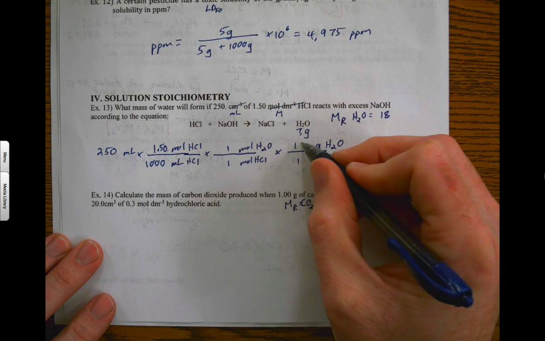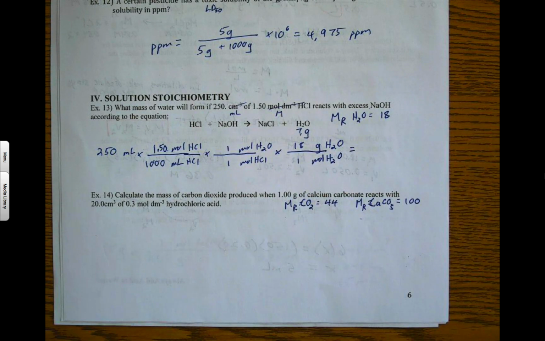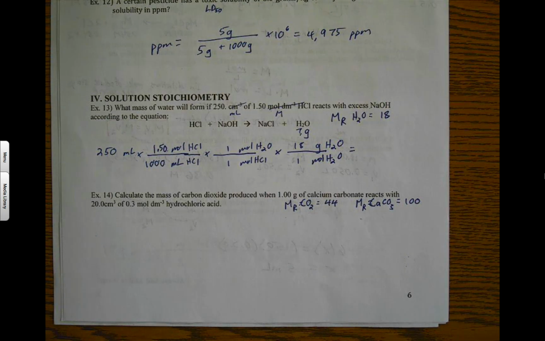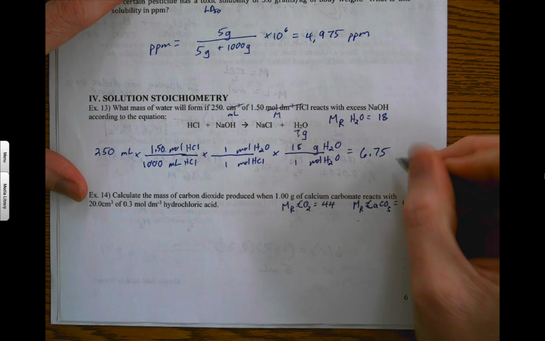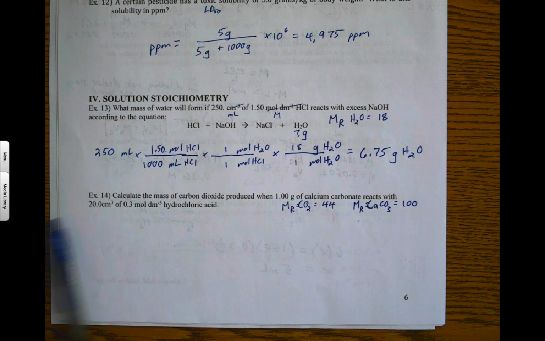There are 18 grams per mole of water. So let's see what the calculator says: 250 times 1.5 divided by 1,000 times 18. That will be 6.75 grams of water. Simple enough.